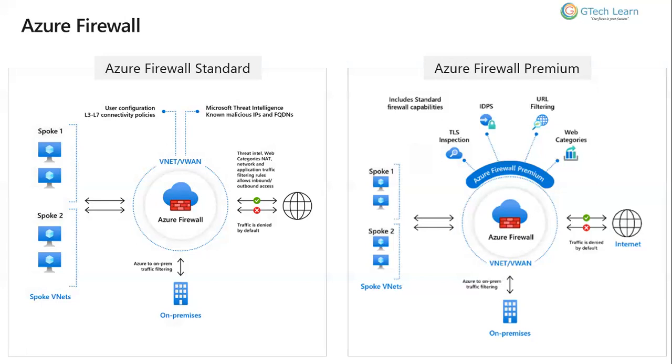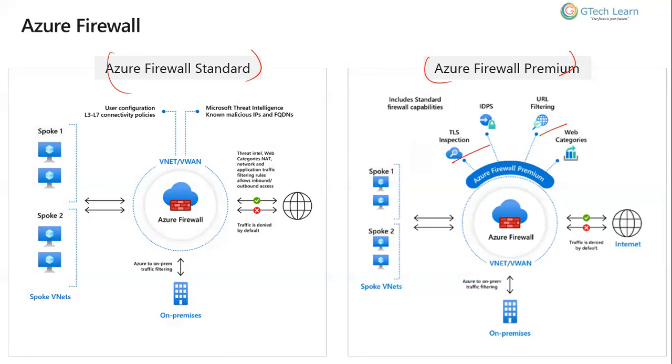Talking about the SKUs, Azure Firewall has two: the standard one and the premium one. The premium one has URL filtering, TLS inspection, and other premium features.